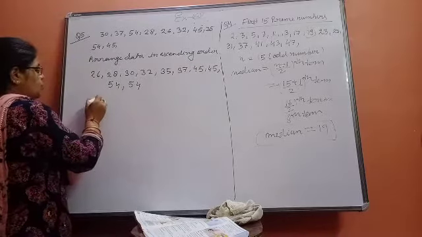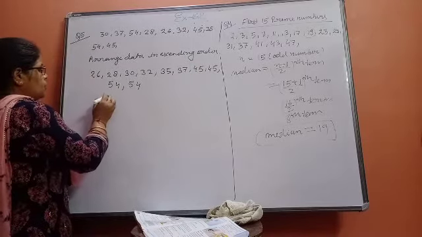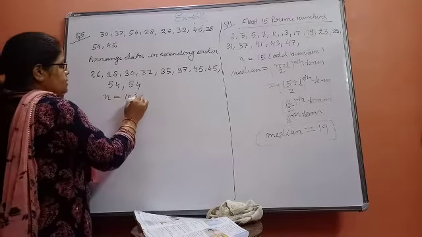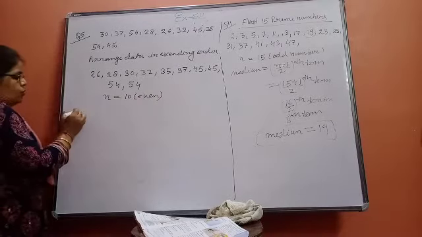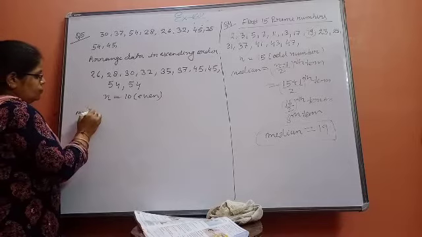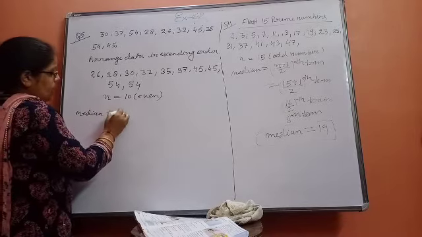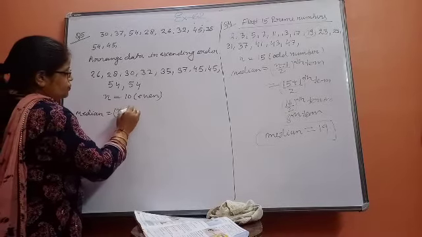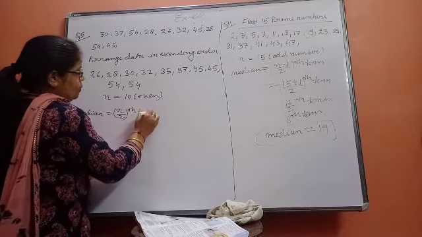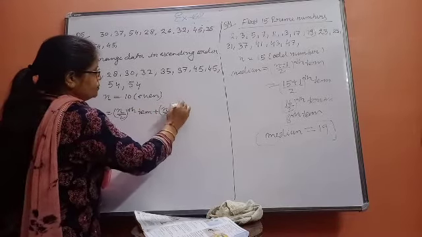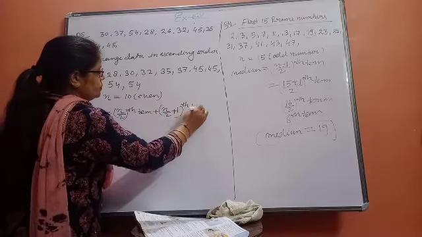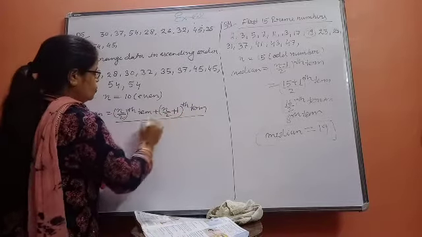Now n is equal to, beta, n is equal to 10, and it is even. So apply the formula for the even. So median is equal to (n upon 2)th term plus (n upon 2 plus 1)th term, divided by 2.